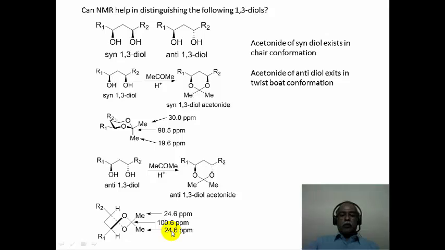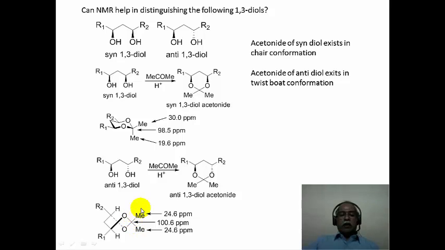So as a result, these two methyls are nearly in the same chemical shift region of 24.6. So if one makes the acetonide of these two alcohols, the one acetonide that gives two different chemical shift values for these two methyls would be the syn alcohol, because it exists in the chair conformation. The axial and equatorial methyls are distinguishable, whereas the anti-diol, when it forms the acetonide, forms essentially a twisted boat kind of conformation, wherein the two methyl groups are now almost equivalent, so they come at the same chemical shift value.